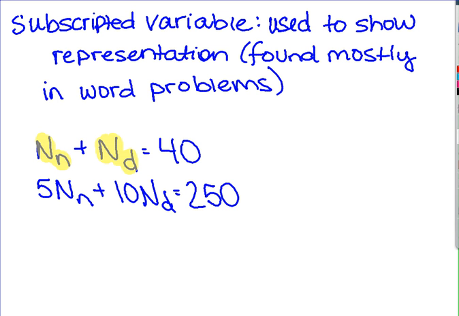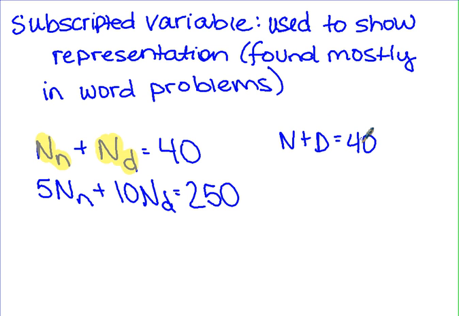Instead of solving this with a bunch of subscripted variables, we're going to simplify this. Now you can do it with subscripted variables, but it's going to complicate things. So simplify, simplify, simplify. Instead of having the number of nickels plus the number of dimes equals 40, I'm just going to have n plus d equals 40.